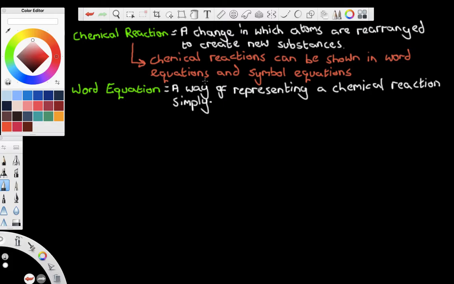Now, when we do word equations, we always use an arrow to separate reactants and products.